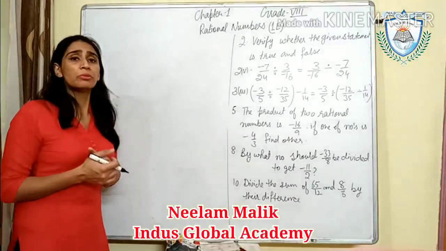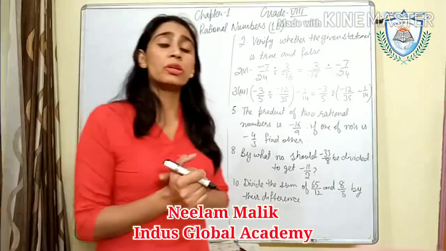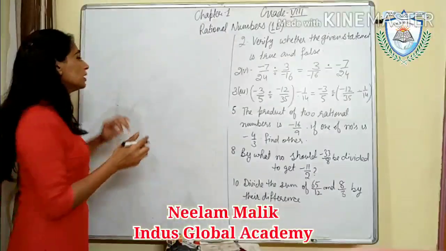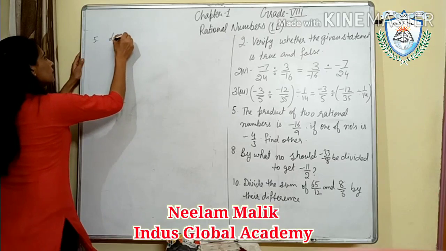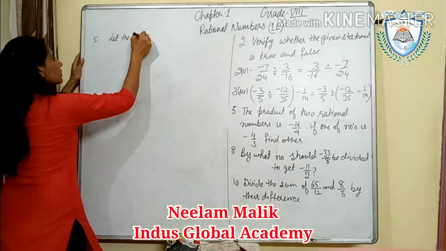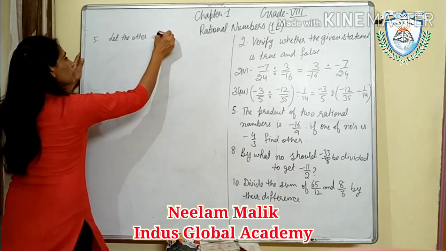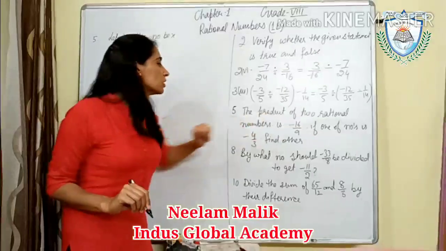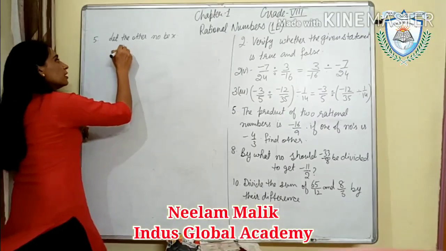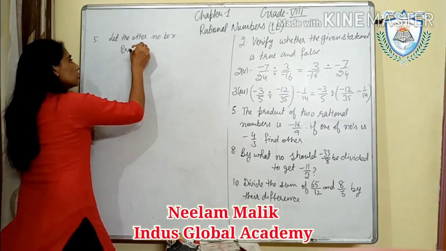What we will do here, we will let the other number be x. Question number 5. Okay, let the other number be x. Product of two rational numbers. What is the product? I will write here the product, that is given to us.